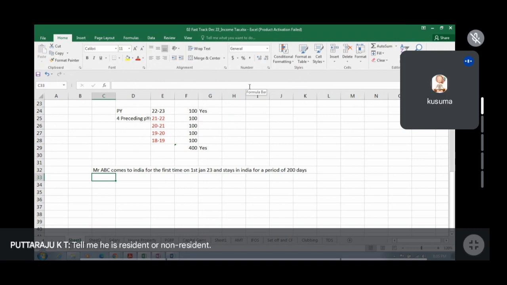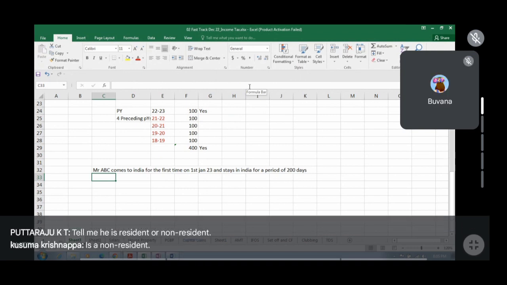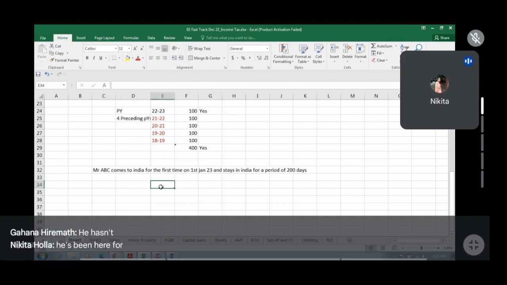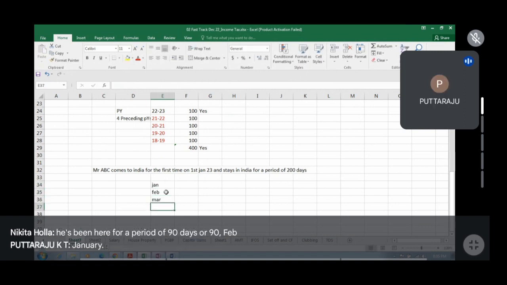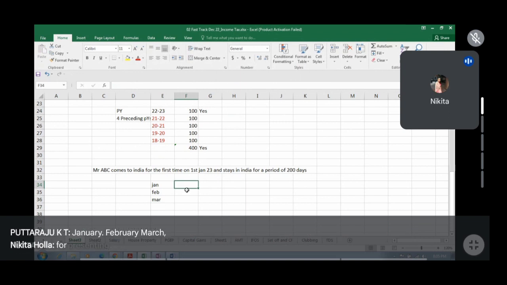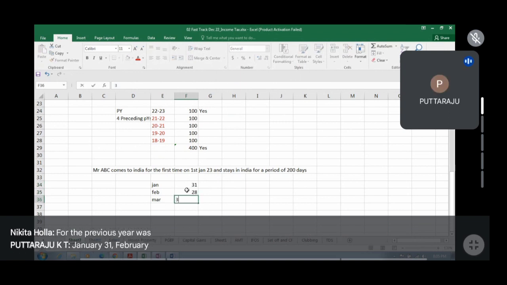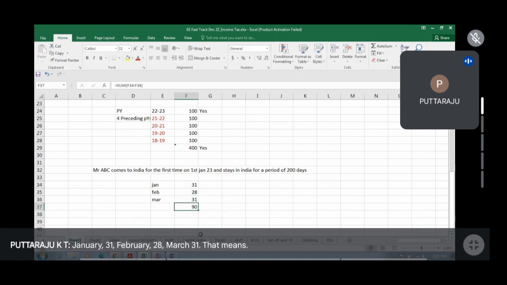He is a non-resident, sir. Non-resident. How? He has come to India in 2023, so during the previous year he has been here for 90 days: January 31, February 28, March 31. That means 90 days. During the previous year, he stays only for 90 days.